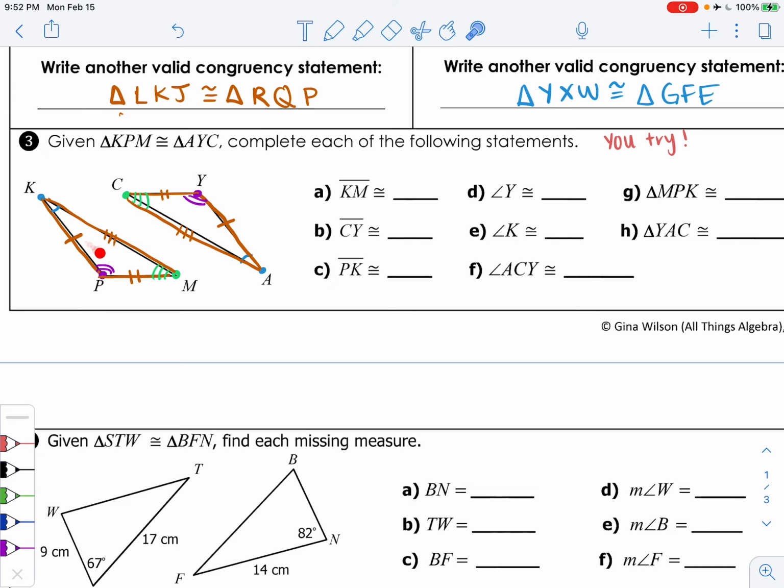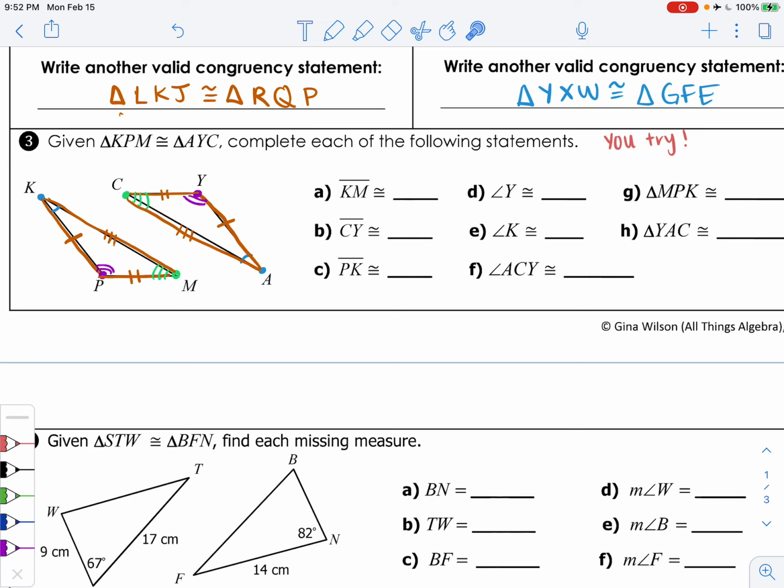KM is this line segment right here. Notice it has 3 tick marks. So K to M is congruent to this side in the other triangle. Now, what's really tricky here is that I have to label my endpoints in corresponding order. So KM starts with the blue and goes to the green.